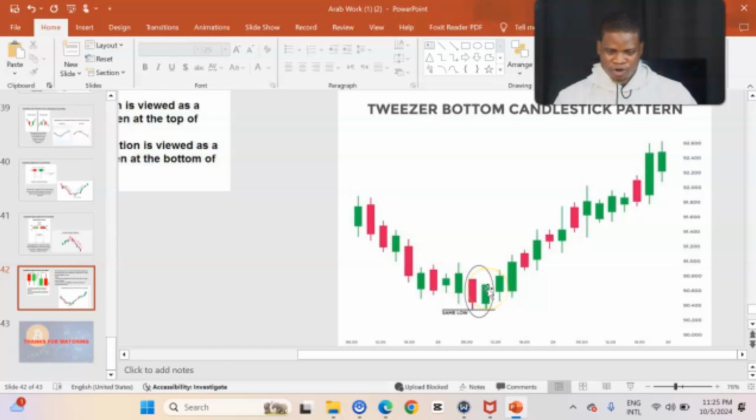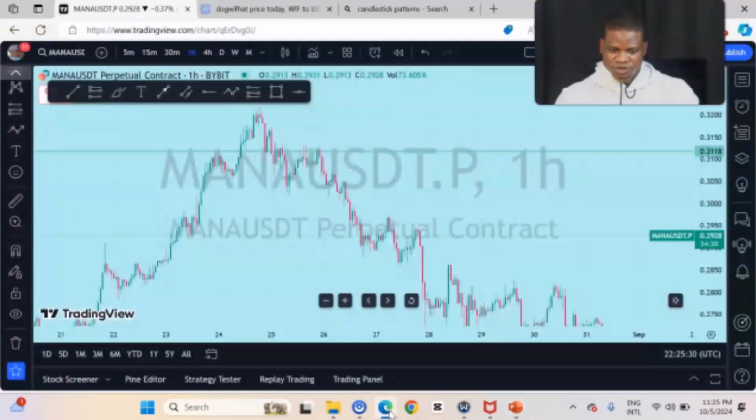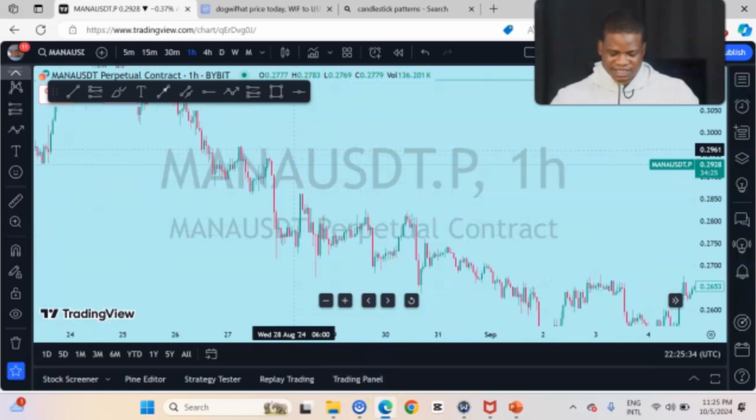It now started going up, which is telling you that price is being reversed twice. The first time it tried to go down, it was reversed. It tried to go down again a second time, it was reversed. It means it could not go down and the price is about to shoot up. That is what the tweezer candlestick pattern does. We'll get to the analysis part and talk a little more about all these things.